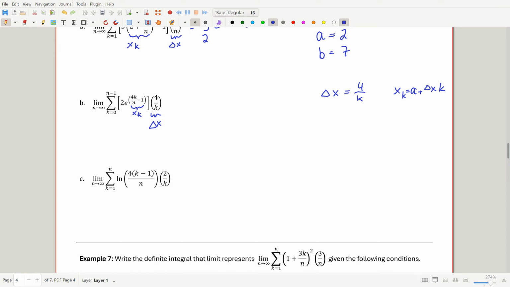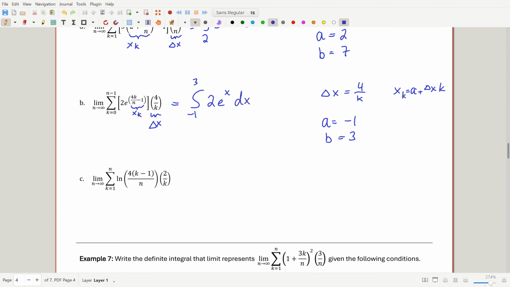Which makes our a -1 and our b 3, right? -1 plus 4. So 3. So we have the integral from -1 to 3 of 2 e to the x dx.